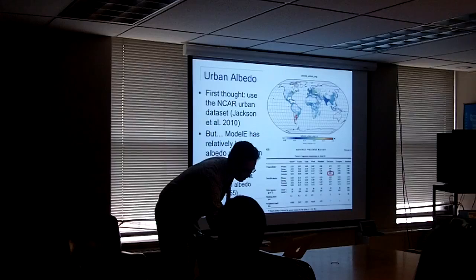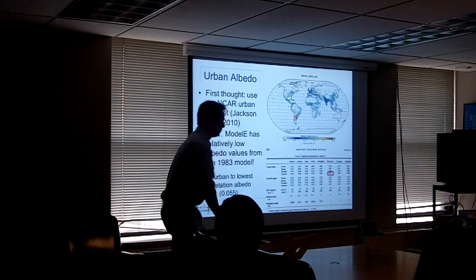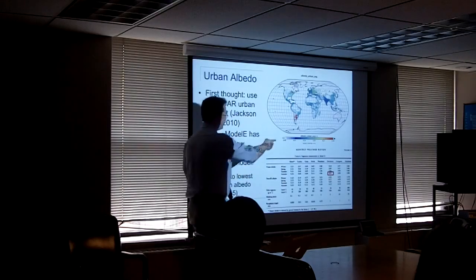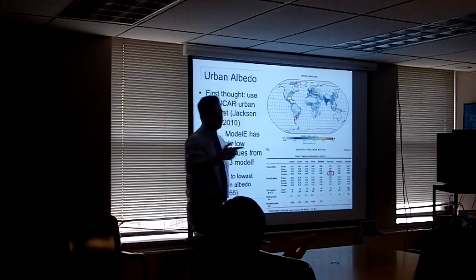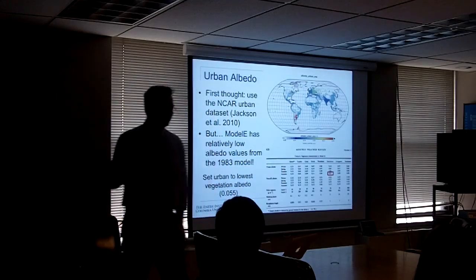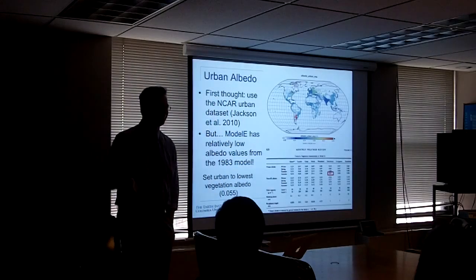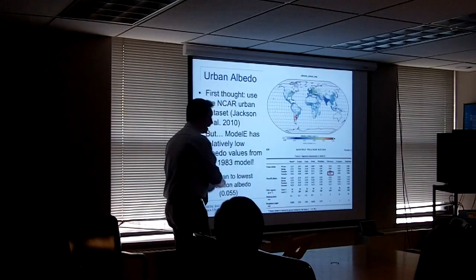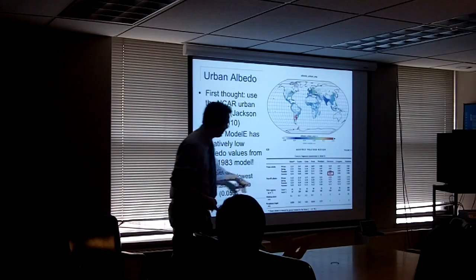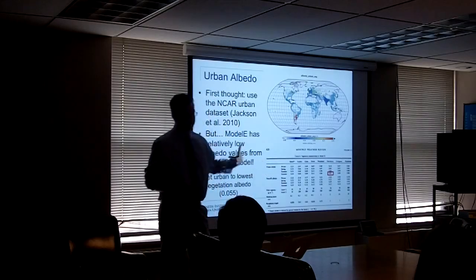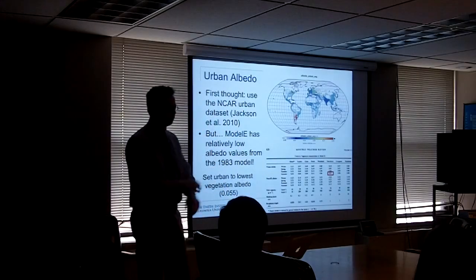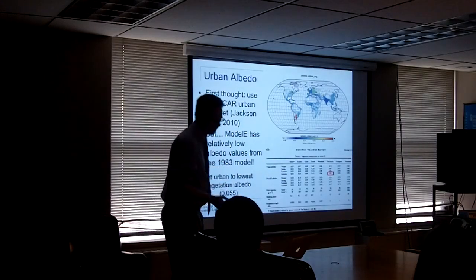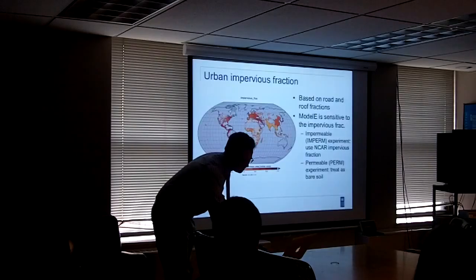If we put in these albedos, our urban areas were brighter than the background vegetation. So we ended up setting the urban albedo to the lowest value in the GISS Model E, just because we wanted to reduce the albedo. So that's what we did.